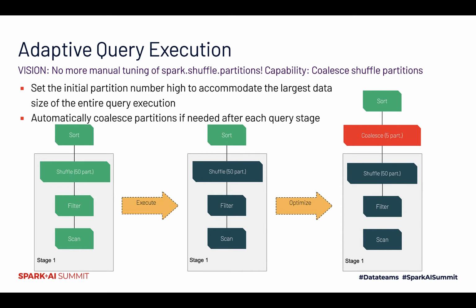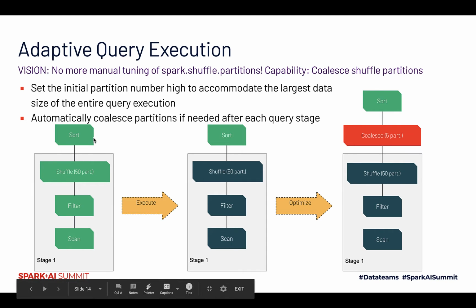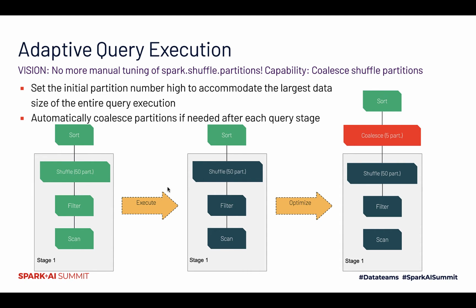With adaptive query execution, we can resolve this problem and eliminate the need to manually tune Spark SQL shuffle partitions. How do we do that? Well, here you'll notice that we start out with a very simple query, and as we run the query, in this case we ended up with a shuffle that produced 50 partitions, or 200 in the case of our default.